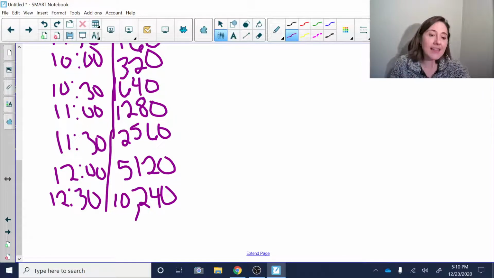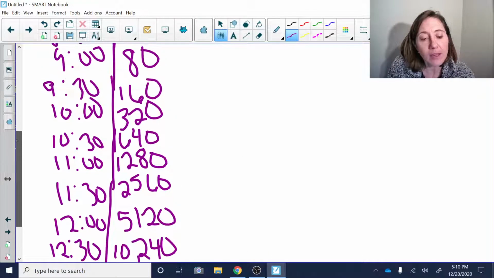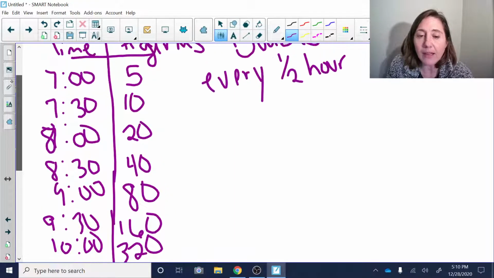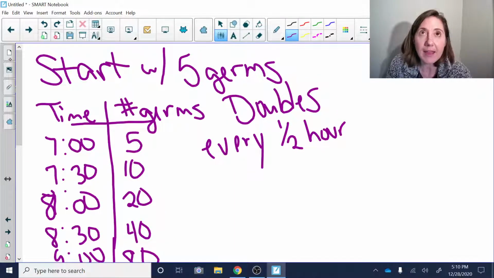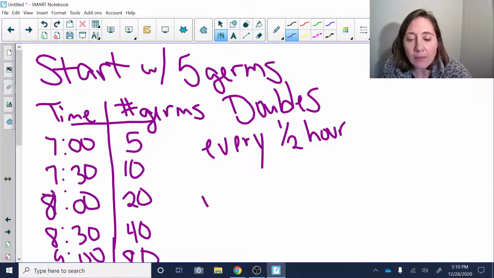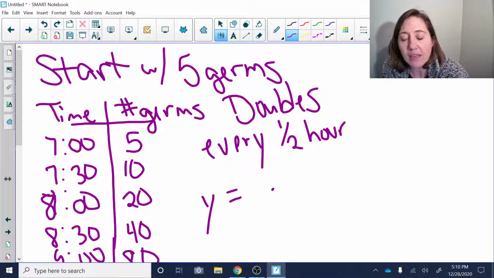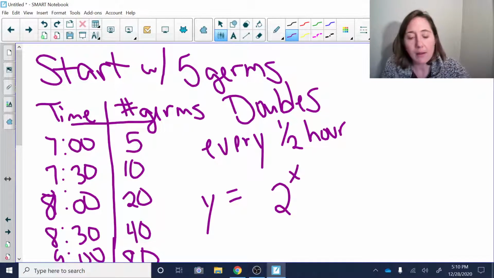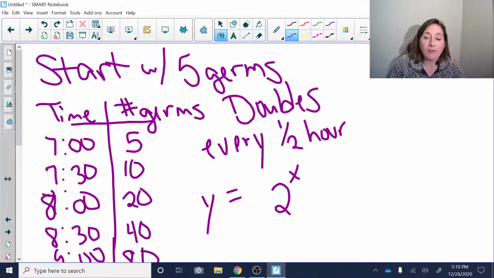In this case, the reason I wanted to show you this example is those numbers were getting really big, right? Weren't those getting bigger than the first example I showed you? This is still an example of doubling, so my base would still be a 2, but there's a little bit of a difference, because how many germs did I start out with? I started out with 5.